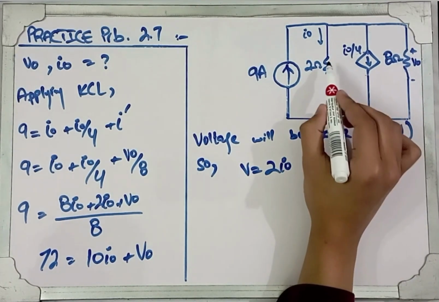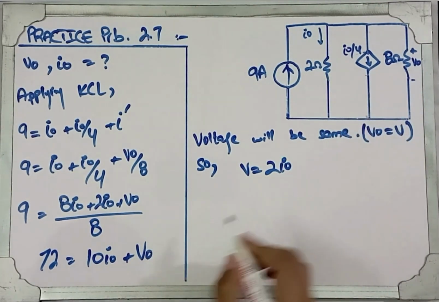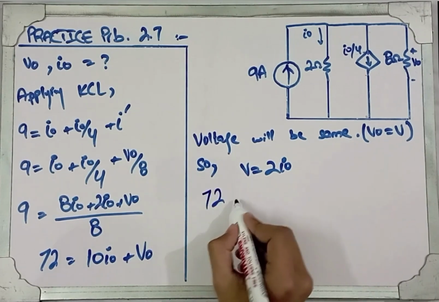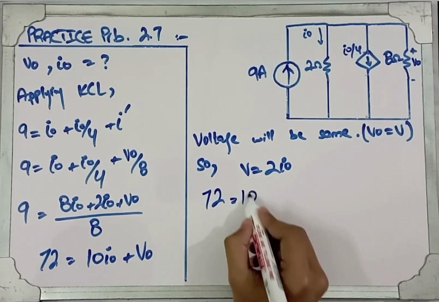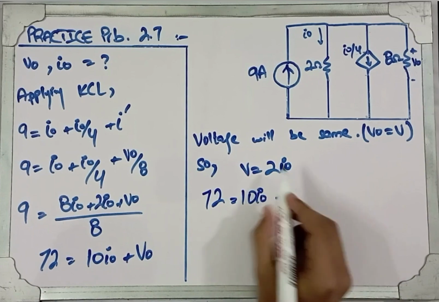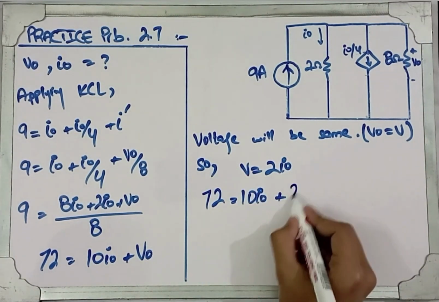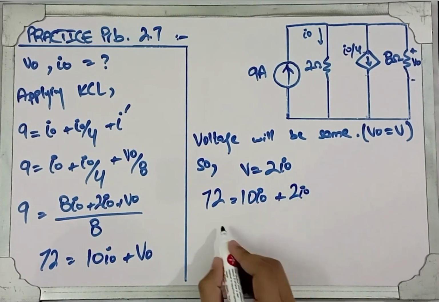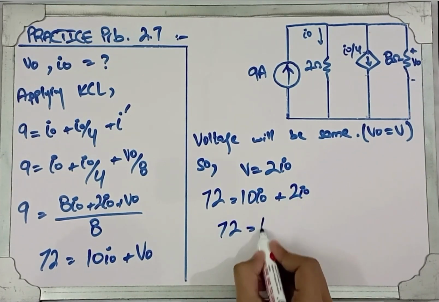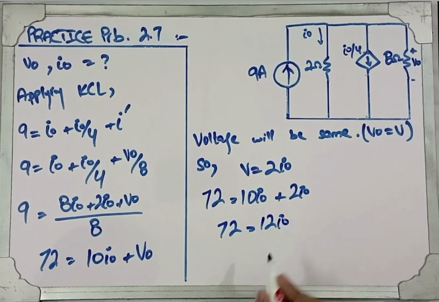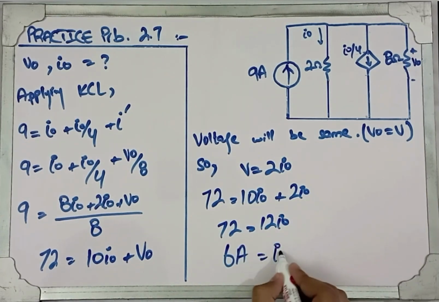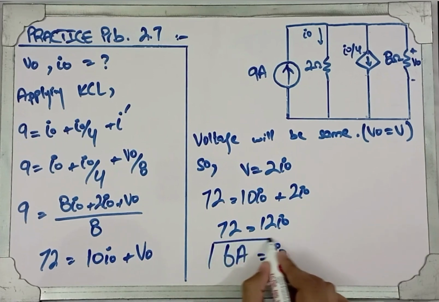Now we will put this value of V in the equation because the voltages are the same in the whole circuit. You can see that V naught equals V, so we will put 2 I naught. It will give us 72 equals 12 I naught. Dividing by 12 will give us our I naught, that is 6 amperes.